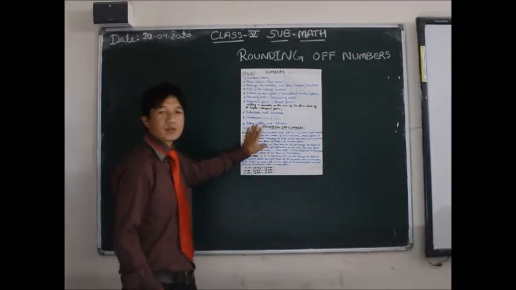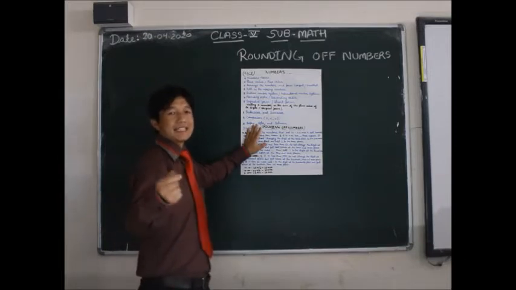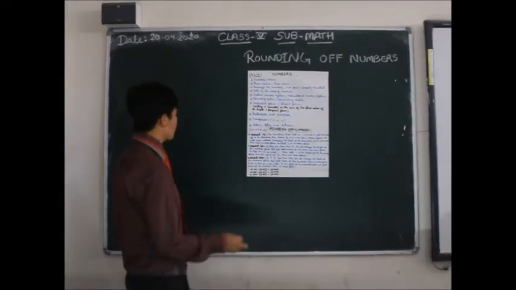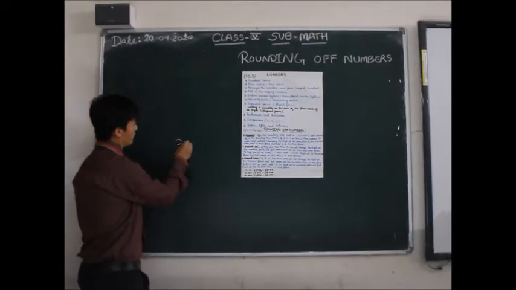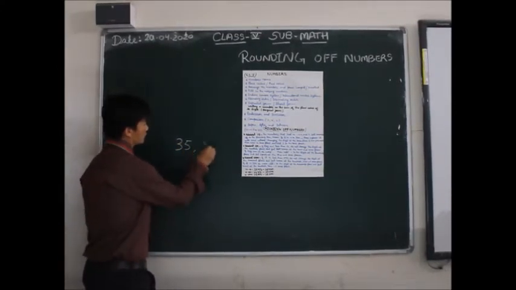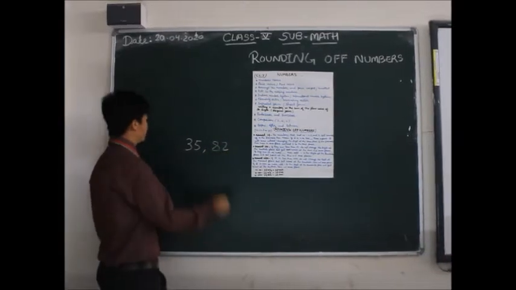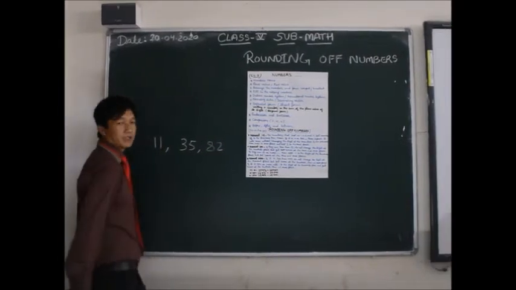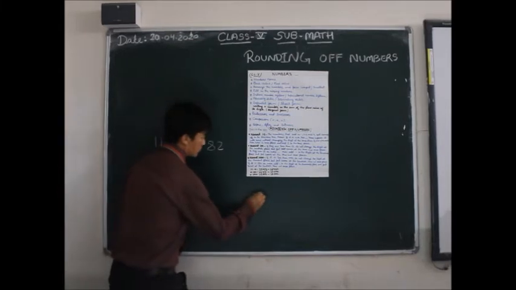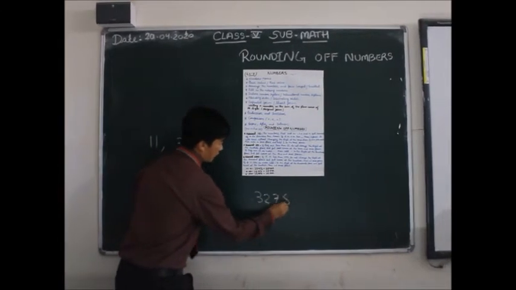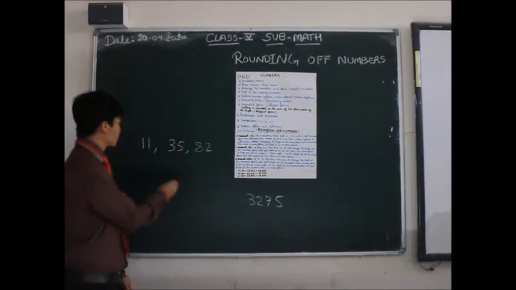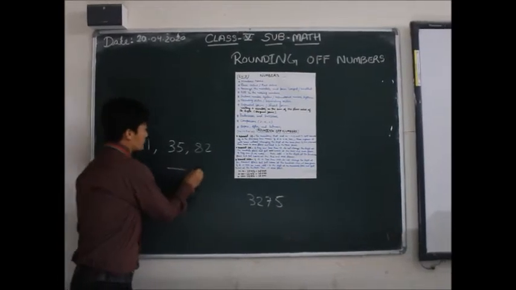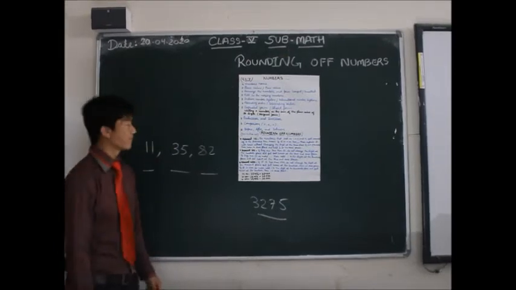First of all, let's learn about rounding off to the nearest 10. Suppose I'm writing the numbers 35, 8211, and 3275. Just listen carefully. This is nearest to the 10.